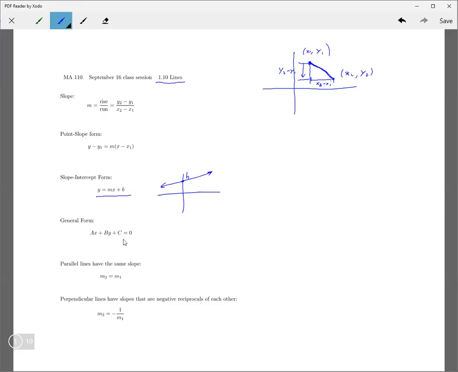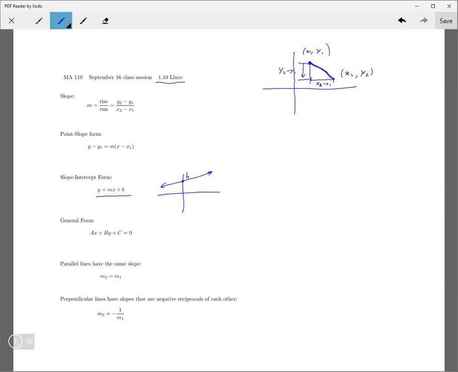And then here's the general form. The most useful thing about this one is that it helps you find the intercepts faster. Parallel lines have the same slope. Perpendicular lines have slopes that are negative reciprocals of each other in this way.